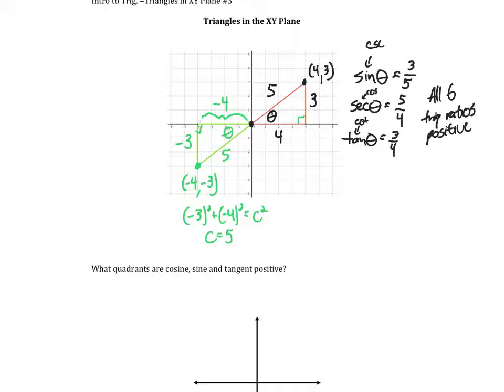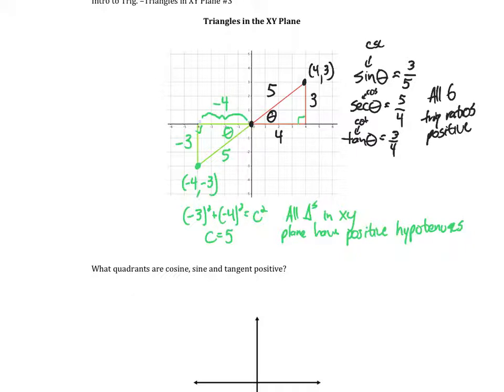So one thing to note, I'm going to write this here: all triangles in the XY plane have positive hypotenuses. And it really comes from using Pythag. Once you square things, the negatives go away. So all the triangles here in the XY plane have positive hypotenuses.